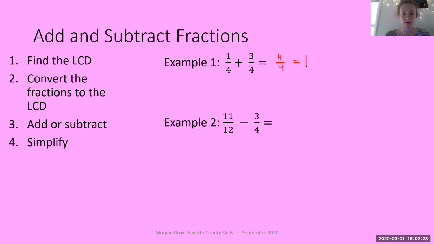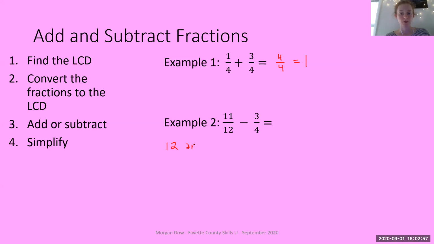All right, next example, 11/12 minus 3/4. Well, these fractions have different denominators. So before we subtract, we need to work through our steps. Number 1, find the least common denominator. So the least common denominator of 12 and 4 is going to be the least common multiple of 12 and 4.